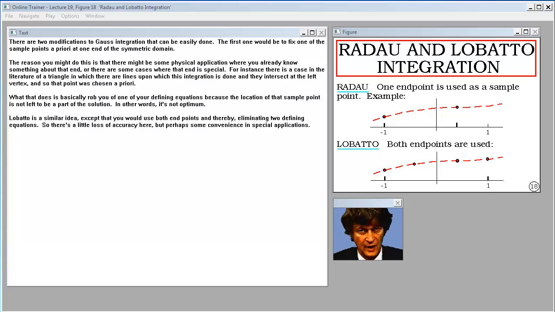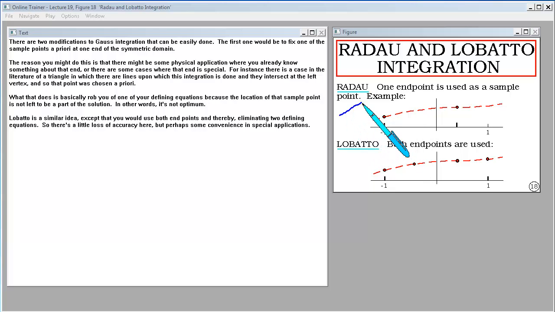There are two modifications to Gauss integration that can be easily done. The first one would be to fix one of the sample points a priori at one end of the symmetric domain. The reason you might do this is that there might be some physical application where you already know something about that end, or there are some cases where that end is special.